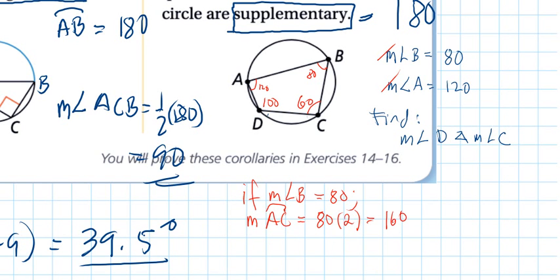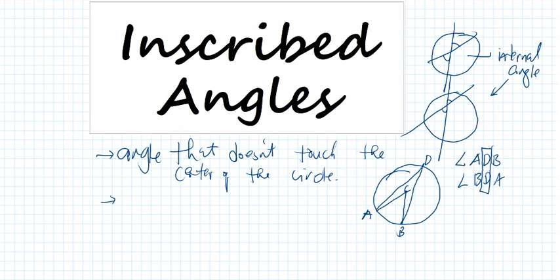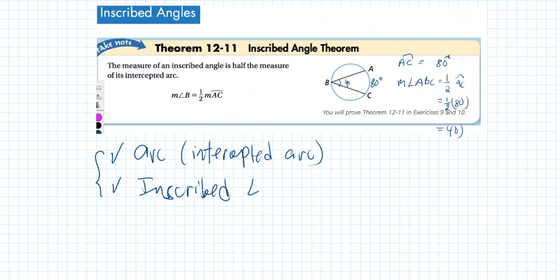Why did we multiply by 2? Because if you remember your first lesson on the inscribed angle, it goes from the arc to the inscribed angle, right?